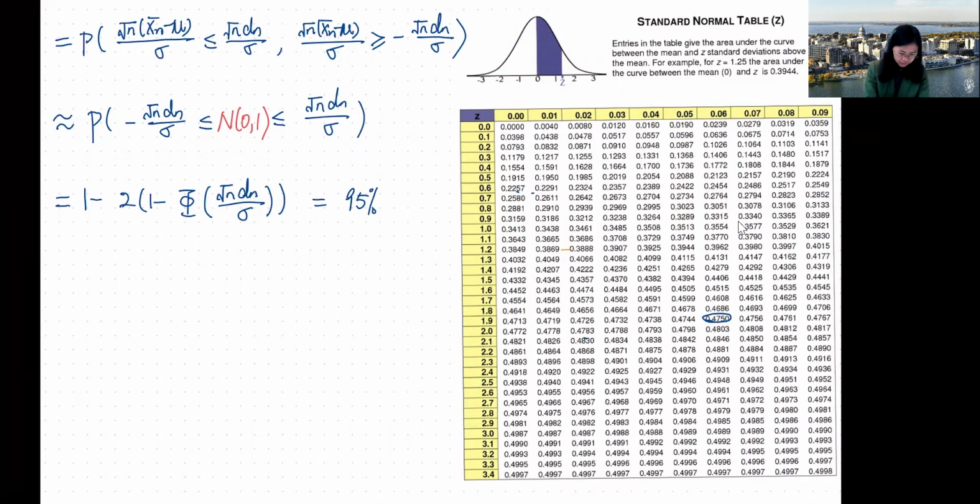So that equals, I'm going to skip this line, 2 times the probability that the standard normal is greater than 0 and less than or equal to root n Dn over sigma.